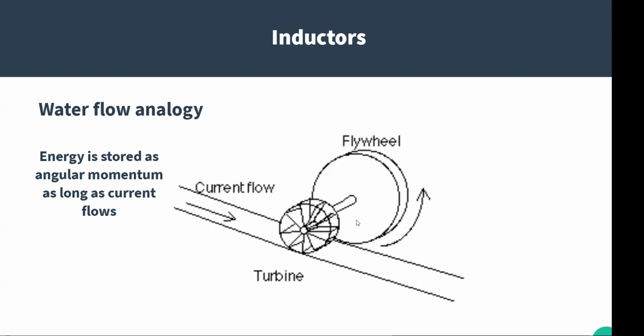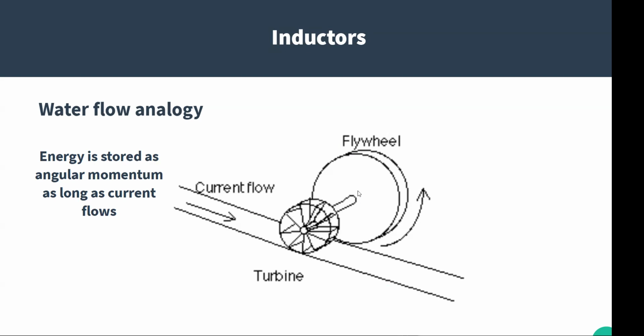Eventually it starts turning and finally gets up to speed. When we stop the pressure, it continues to turn for a while until it dissipates that energy. Mechanically, it stored energy in the flywheel as angular momentum.